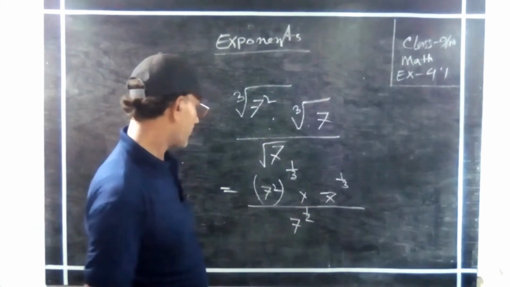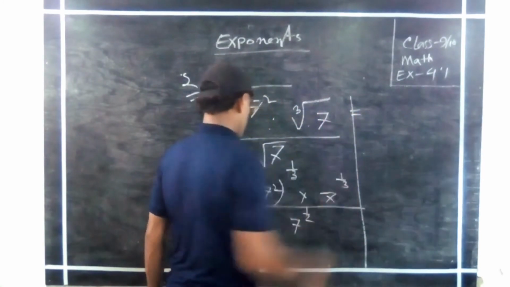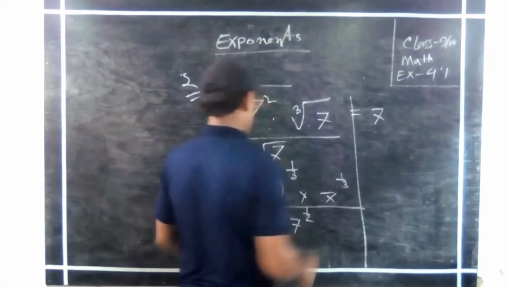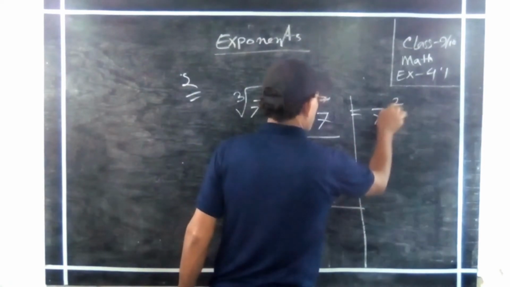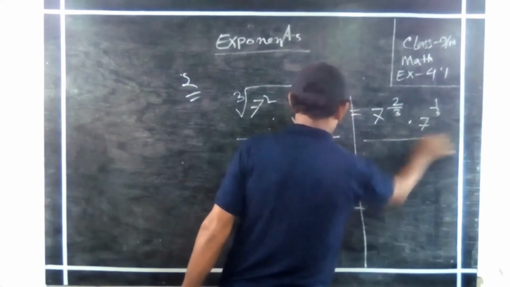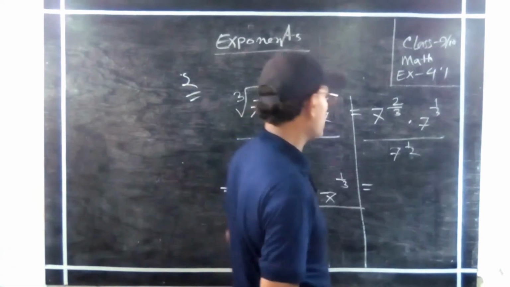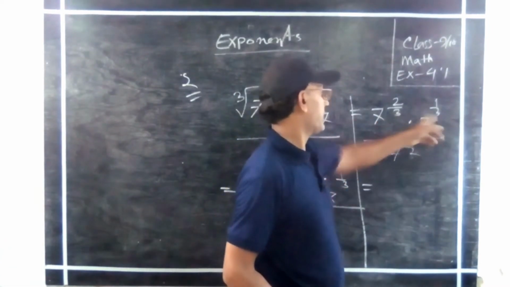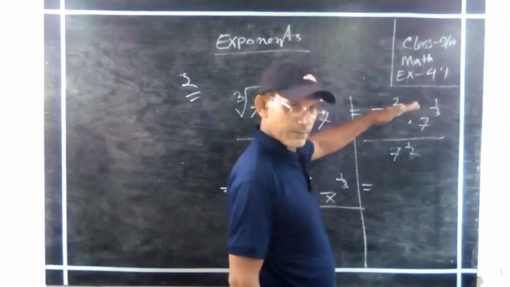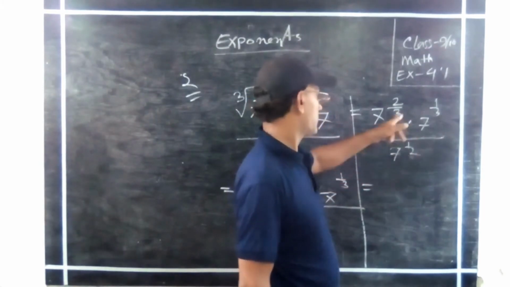So we can write on the right side 7 to the power 2 by 3 into 7 to the power 1/3, divided by 7 to the power half, equal to, here the power is at the top and the bottom has power 1 and here 2.